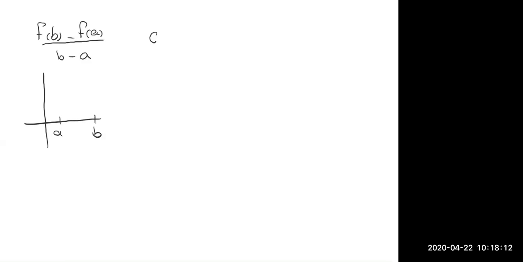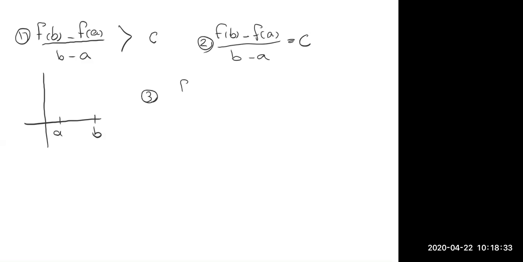Now this number is either greater than c, or equal to c, or less than c. So there are different cases. It's larger than C, it's equal to C, and the third case is when f of b minus f of a over b minus a is less than C.